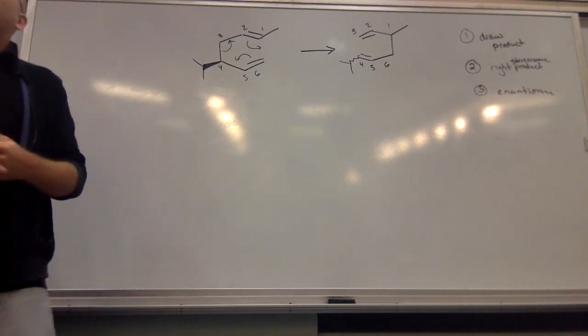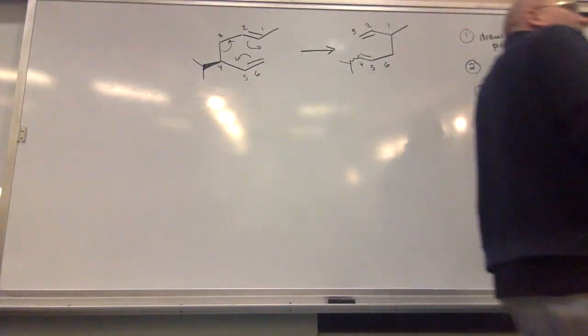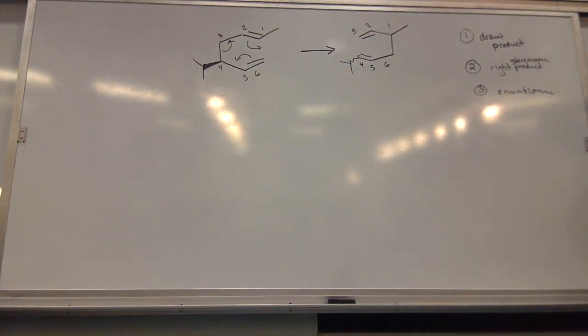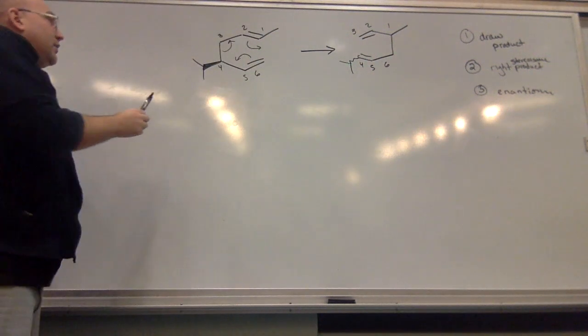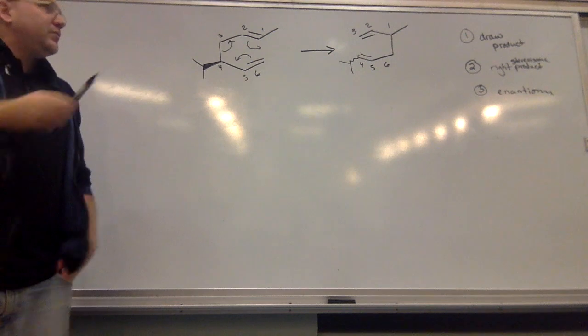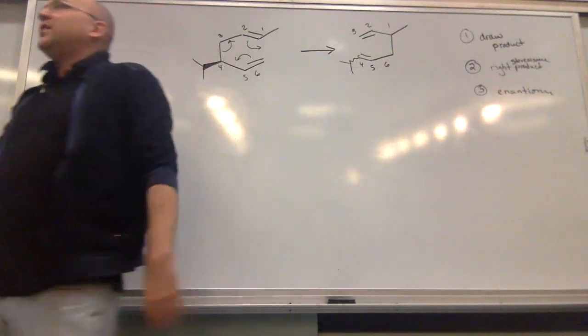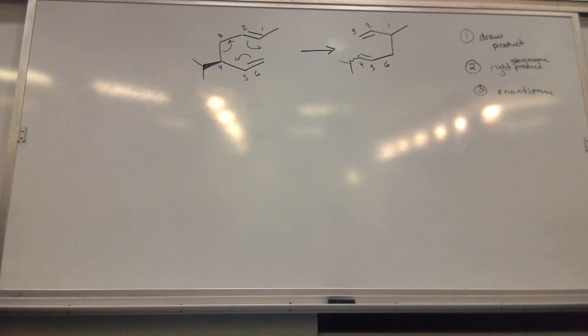Now the question is, let's draw the appropriate stereoisomer. If I were to say the B grade, for example, one of the things that should be clear here is, in general, the stereochemistry at the alkene. If we're only generating one alkene, what do we know about the Cope rearrangement? We were saying at the beginning of class, and Claisen to a certain extent, these are reversible, so they're driven by what?